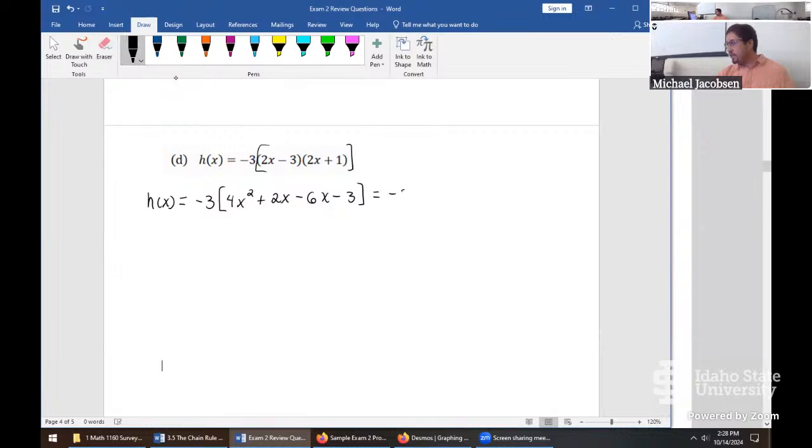So now it's -3 multiplying 4x squared, 2x minus 6x for -4x, minus 3. Last thing is to distribute the -3 in to get -12x squared plus 12x plus 9. Double checking, I think we've got the right thing. Does that look right to folks?